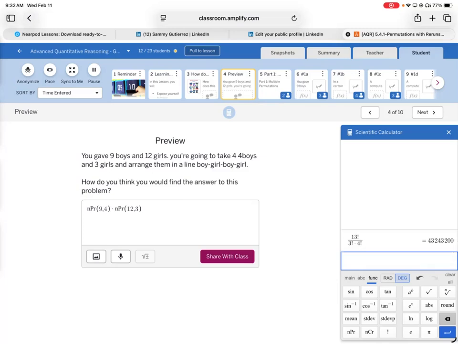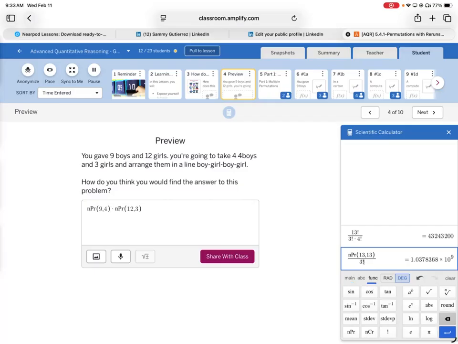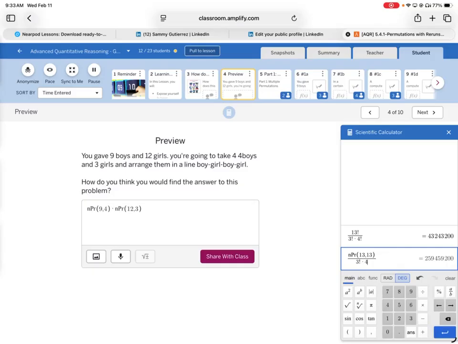Now again, if I wasn't using all 13 letters, let's say I was using 12 of them, I start with NPR 13, comma, however many letters I'm using. In this case I am using all 13 letters, divided by the 3 repeated S's times the 4 repeated I's.